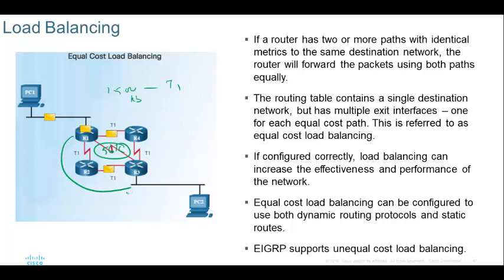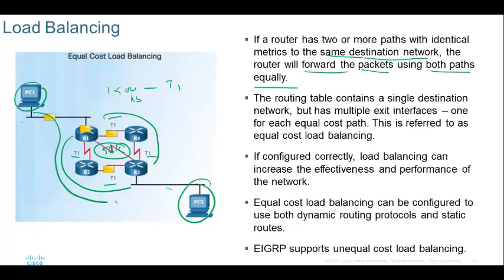You see, both look similar. Do you agree? Are both paths looking similar, equal? If it is equal, then it will send the packets equally via both the paths to the same destination. So if it wants to go from here to here with 500 packets, it will send 250 packets this way, 250 packets this way. We call it equal cost load balancing.